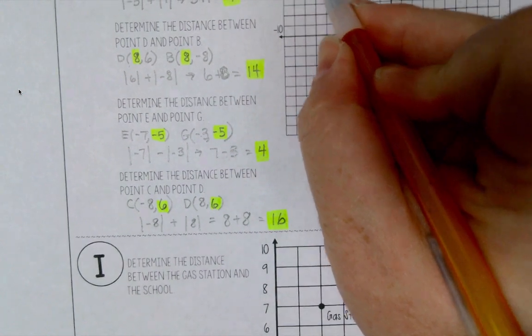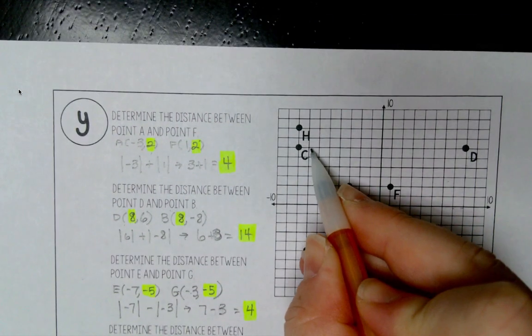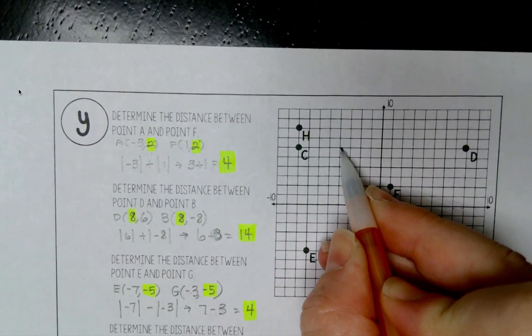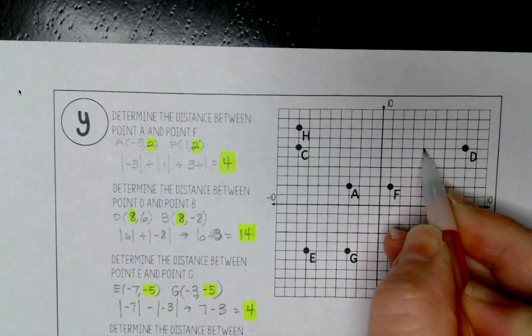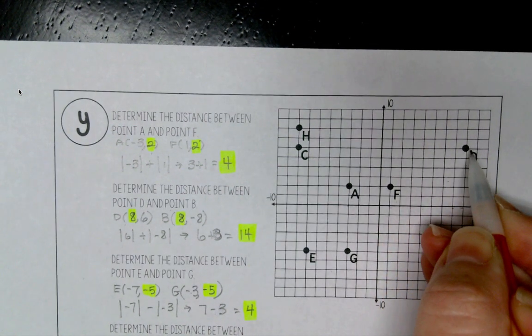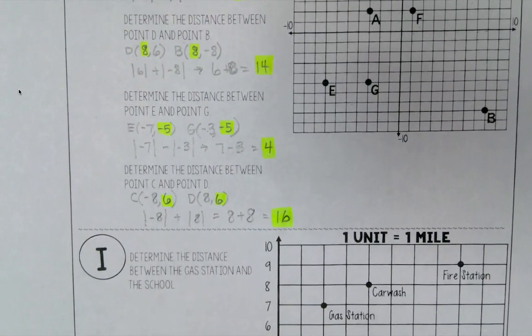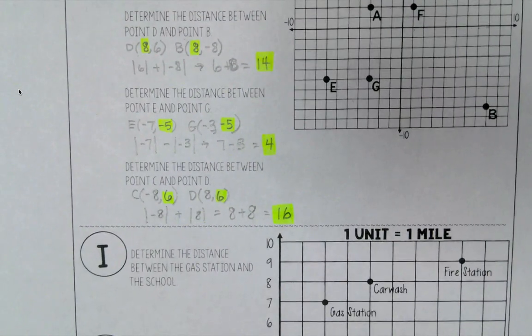So let's count. 1, 2, 3, 4, 5, 6, 7, 8, 9, 10, 11, 12, 13, 14, 15, 16, which matches. But again, you won't always have a coordinate plane to reference. So that's why we need to understand how to use our flowchart.